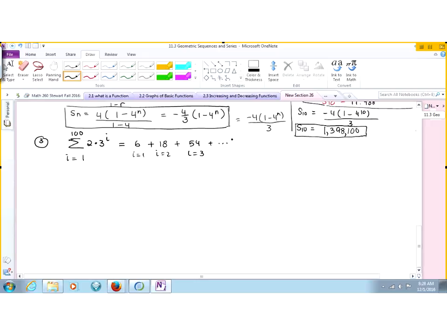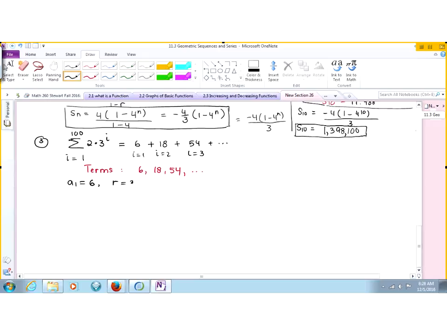Now, remember my hint at the beginning? Write the terms. So the terms, or the sequence, are 6, 18, 54. Do I know what A1 is?